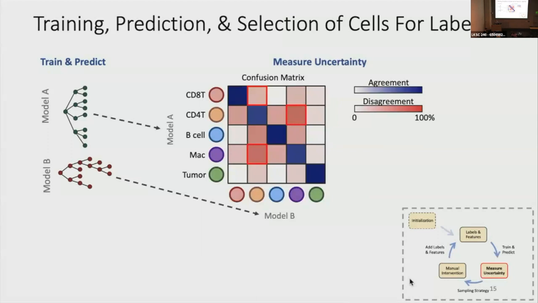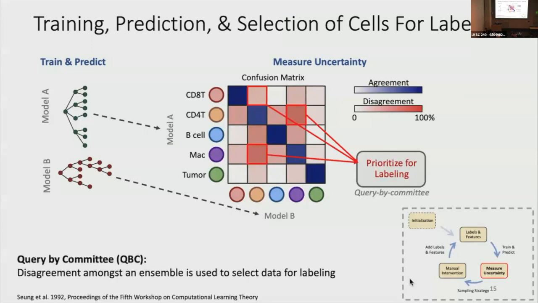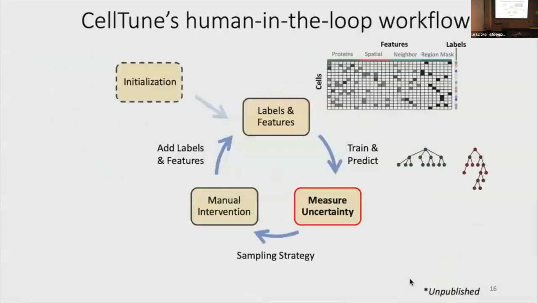And in this way we can measure uncertainty of where are the cells that we should be labeling. And this is a well-known tactic called query by committee, where you take the disagreement among an ensemble to select data for labeling. So here we're just taking two models and we're selecting the cells where they disagree.